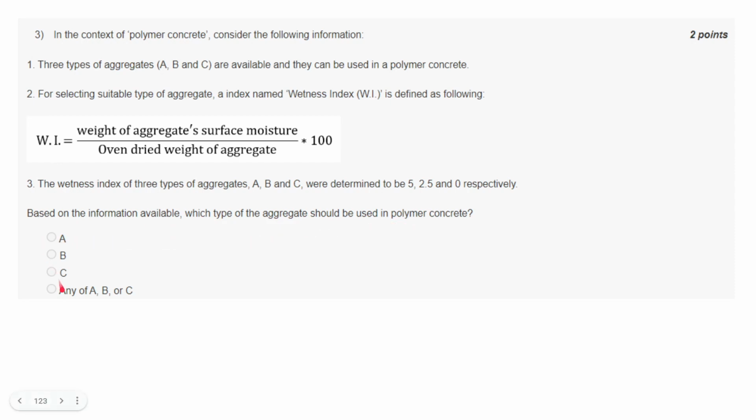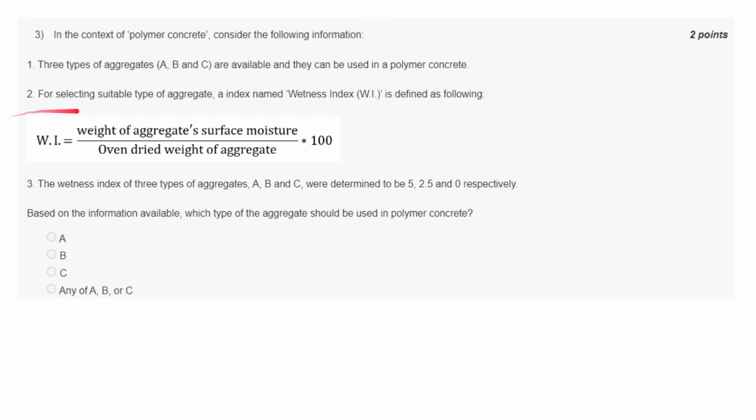A, B, C, or any of A, B or C. So if you remember, we found that the surface of aggregate should be dry, so that polymerization can take place, because polymerization does not take place in presence of water. So it should be as dry as possible.